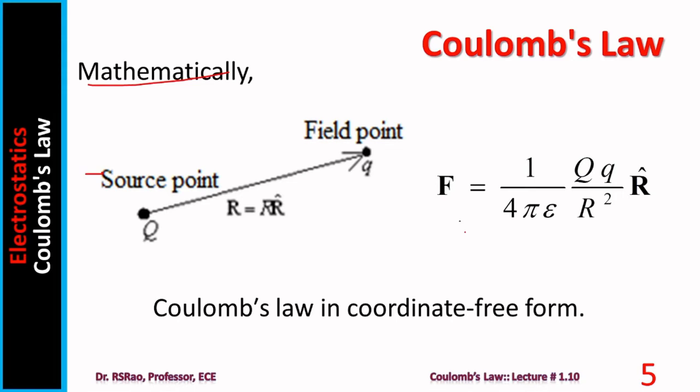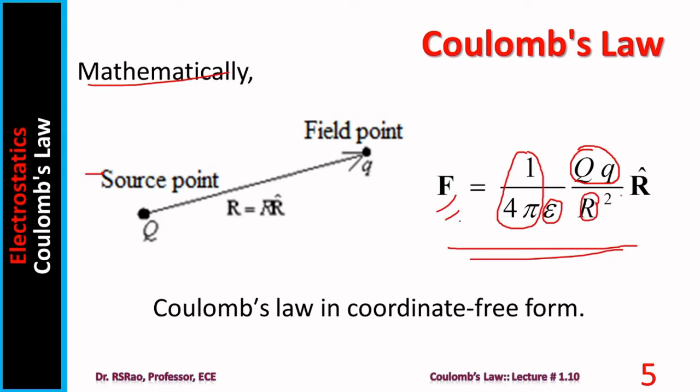Mathematically, the force can be described by the relation given here. F is force. The proportionality constant is 1 by 4 pi. Force is inversely proportional to permittivity, proportional to the product of the charges, and inversely proportional to the distance squared, along the line joining the charges.